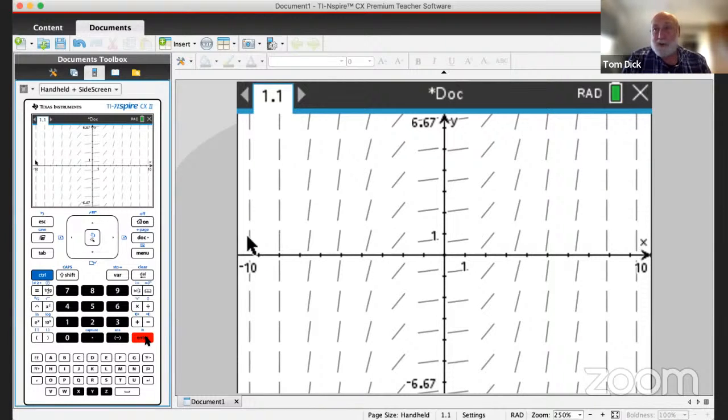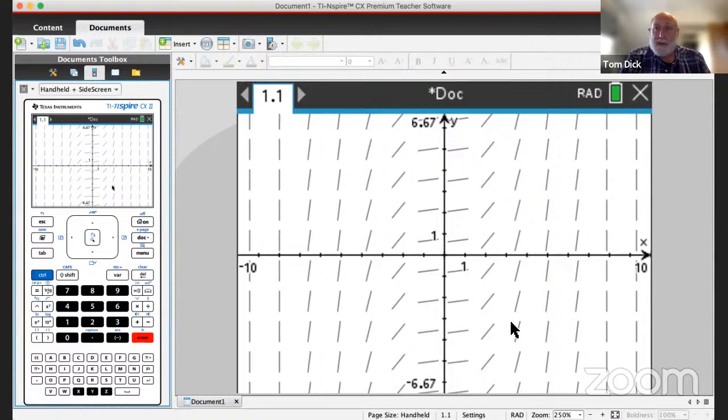All a slope field is, is a lattice or sampling of points throughout the visible window. At each of those points, it uses that expression to evaluate a slope, and then it plots a little segment having that slope.